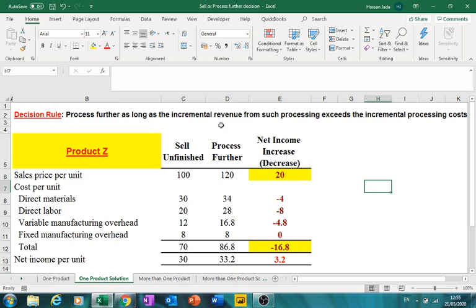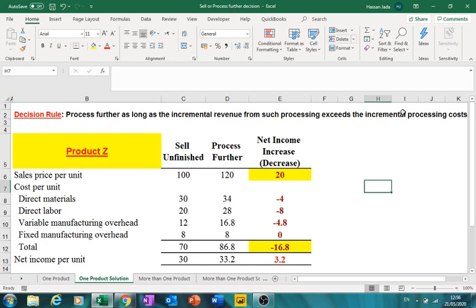If this is the case, then we would go ahead and process product Z further. In this case we process product Z further because the incremental revenue exceeds the incremental cost by $3.20.